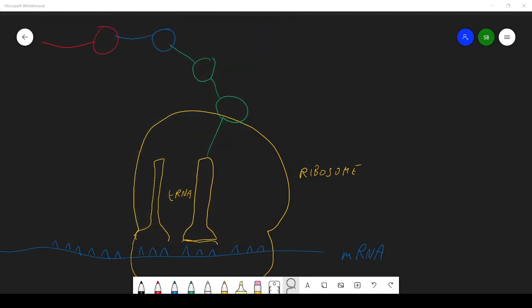And this step is interfered with by drugs like erythromycin. So then we've seen several steps at which these different drugs can act and stop protein synthesis from taking place. And if you can't make proteins, then as a bacterium, you're out of luck.